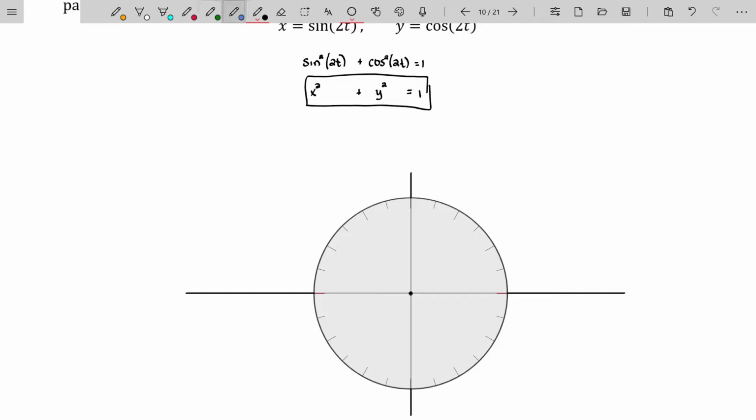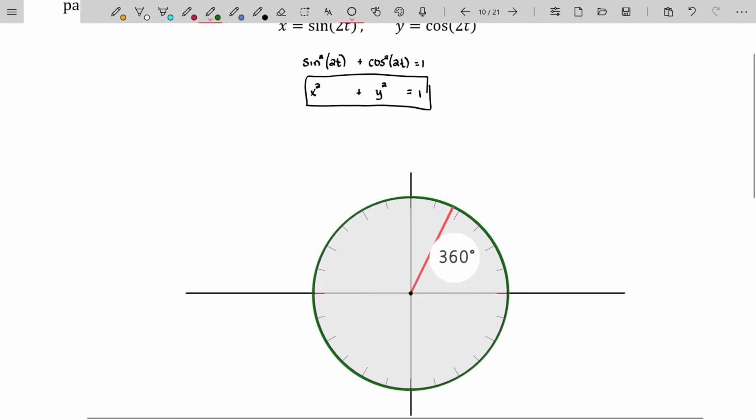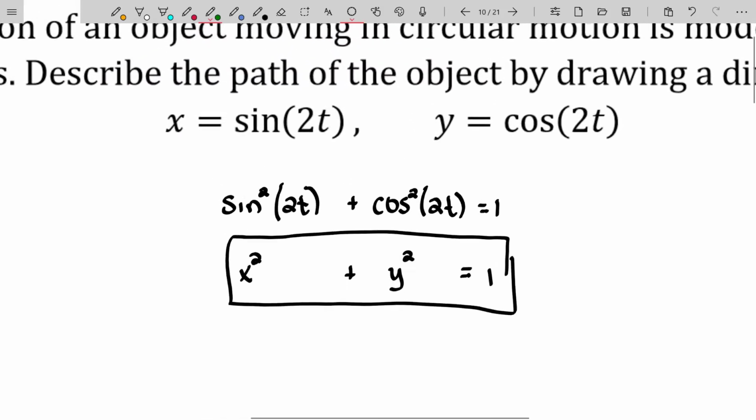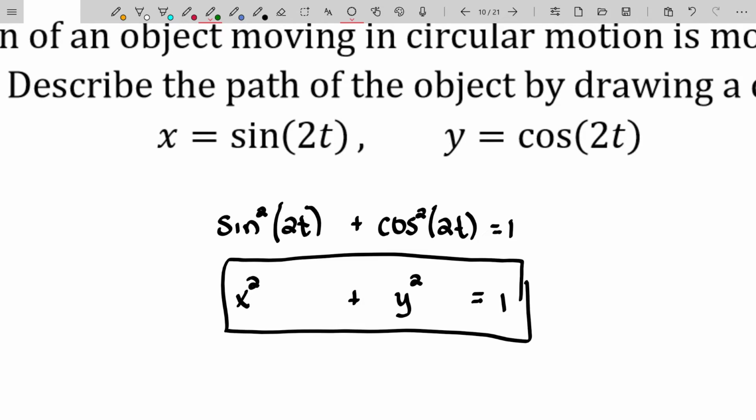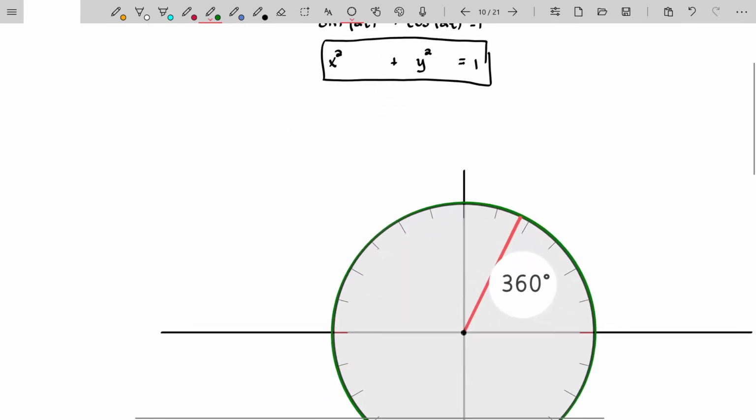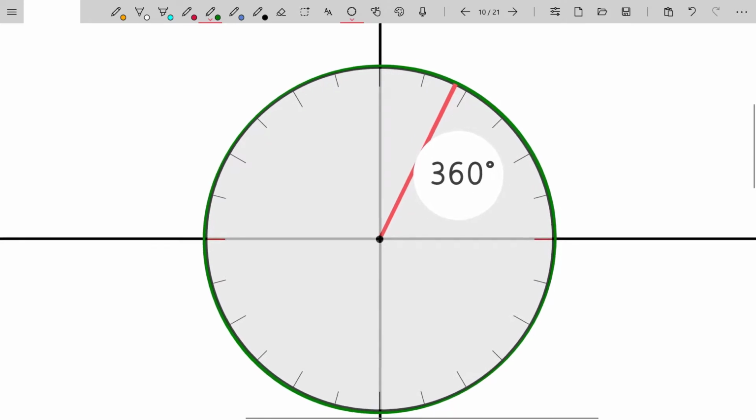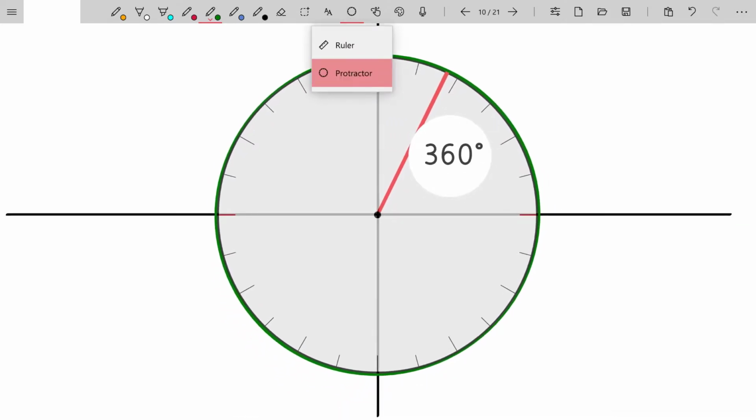But this is a very special type of curve where you have to use a combination of these two functions to create a new equation, essentially. So it'd be very challenging to write sine of 2t in terms of the cosine of 2t or vice versa. So it's much easier just to say, listen, I know that sine squared of an angle plus cosine squared of an angle is 1, and so we can just say x squared plus y squared is 1. That happens every once in a while. Just look for it. It's kind of an important identity to keep in mind.